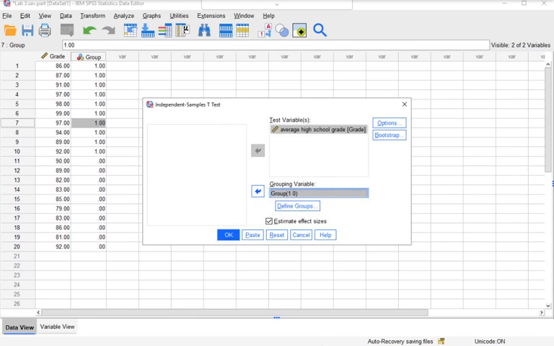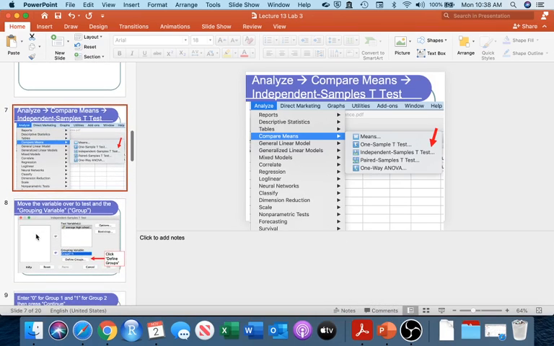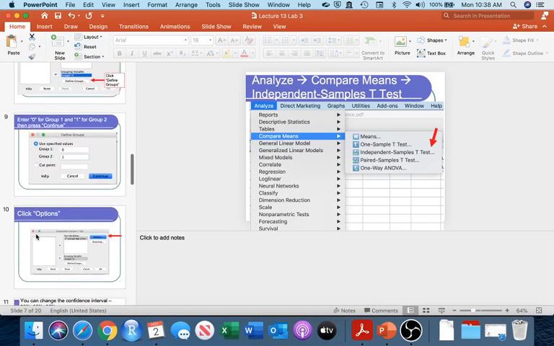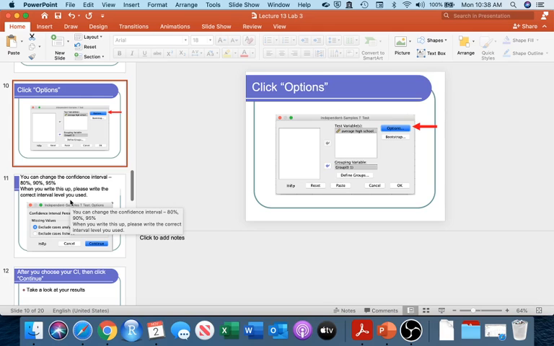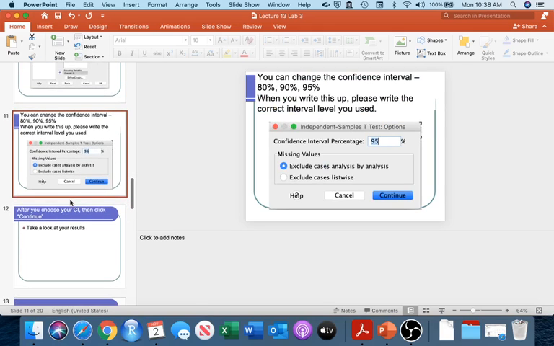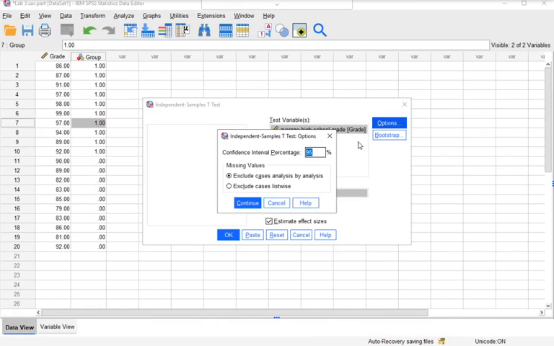And then let's see, what other options do I want to put in? So we learned about confidence intervals during the first lecture, I believe. This is where you can adjust the confidence intervals.